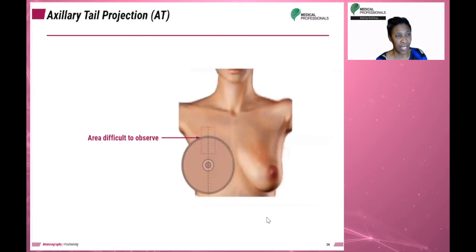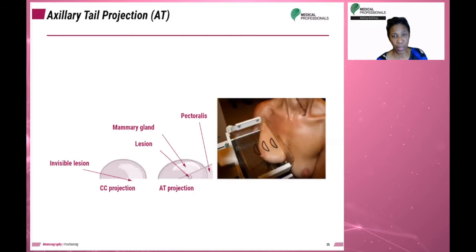Now the AT is to image areas that may not be imaged on your regular MLO projection. So for example, showing here this far lateral area of the breast, you may not necessarily get it on your mediolateral oblique. And here it is demonstrated.